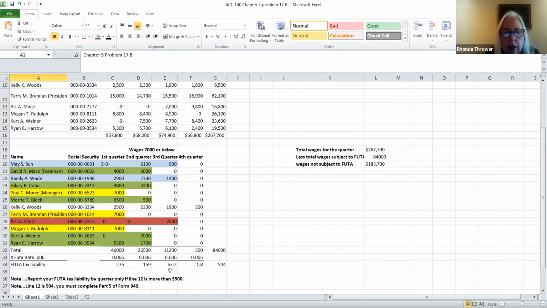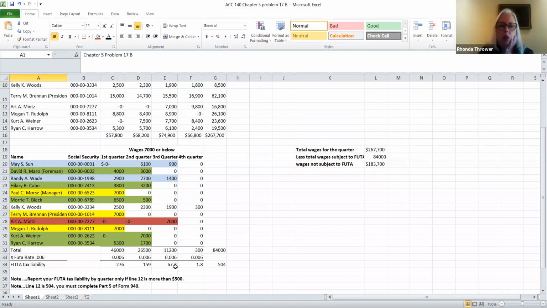So all of this has to be deposited on the third quarter, all of this added together. You'll remember that only $300 was subject to the FUTA taxes in the fourth quarter. So $1.80 was all that we had to pay in the fourth quarter.